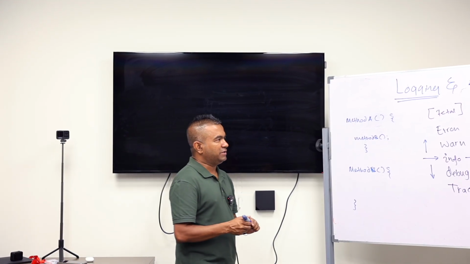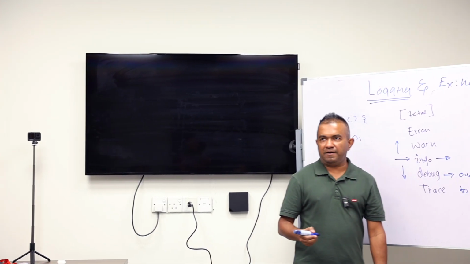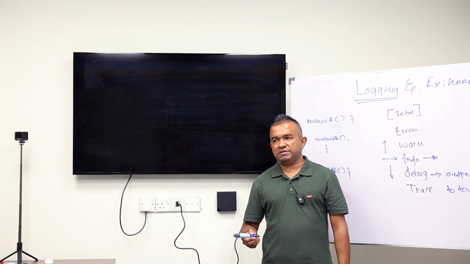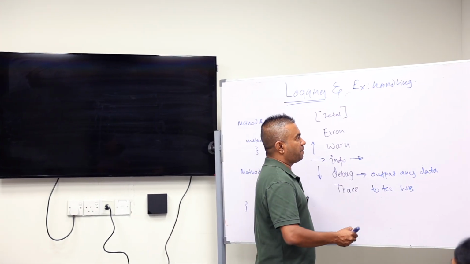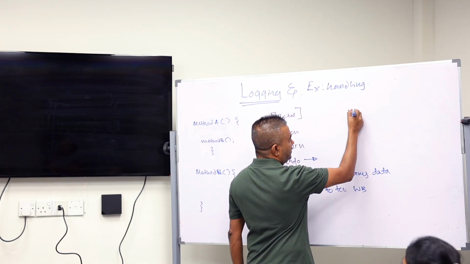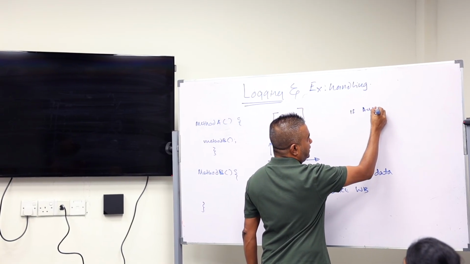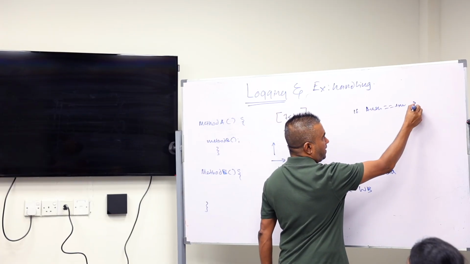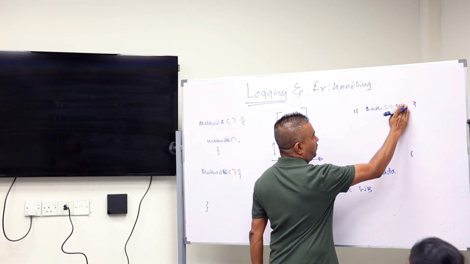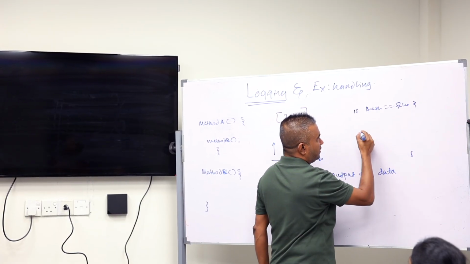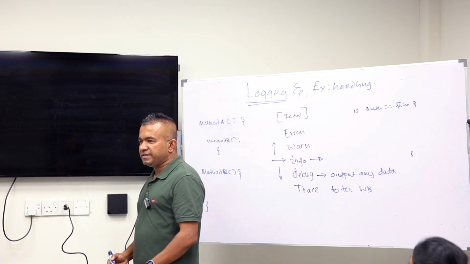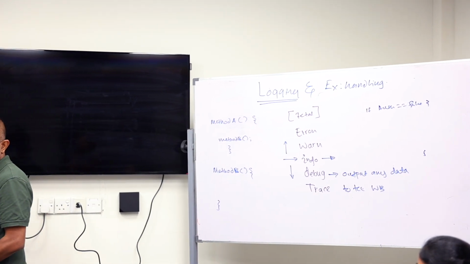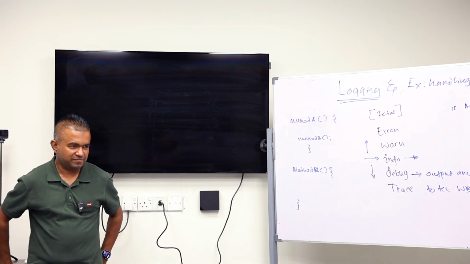Okay? For example, we are checking for some property, right? So if auth equal true, right? Let's say false. We put a warn saying authentication has been disabled, but you continue, right?